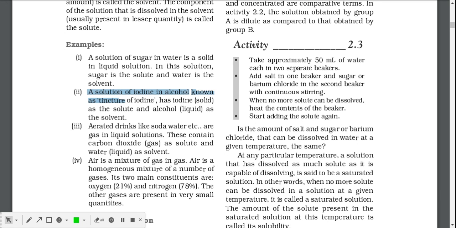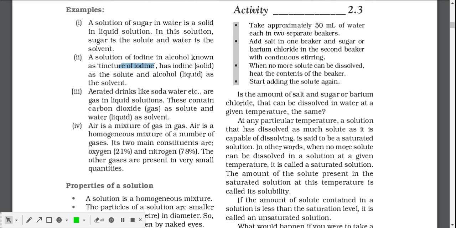Solution of iodine in alcohol, that's the most important thing. When iodine is mixed in alcohol, that solution is known as tincture of iodine. Here iodine is present in solid form and is the solute, and alcohol is present in liquid form and is known as solvent. That's the most important question that can come for 1 mark in your exams.